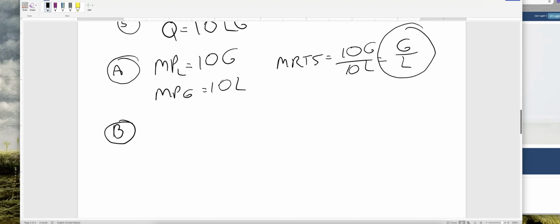And then for B, here we would be drawing an isoquant map, and we're told that the cost of labor is 4, and that the cost of glass is 4, and that 90 units are produced. So it would look something like this.